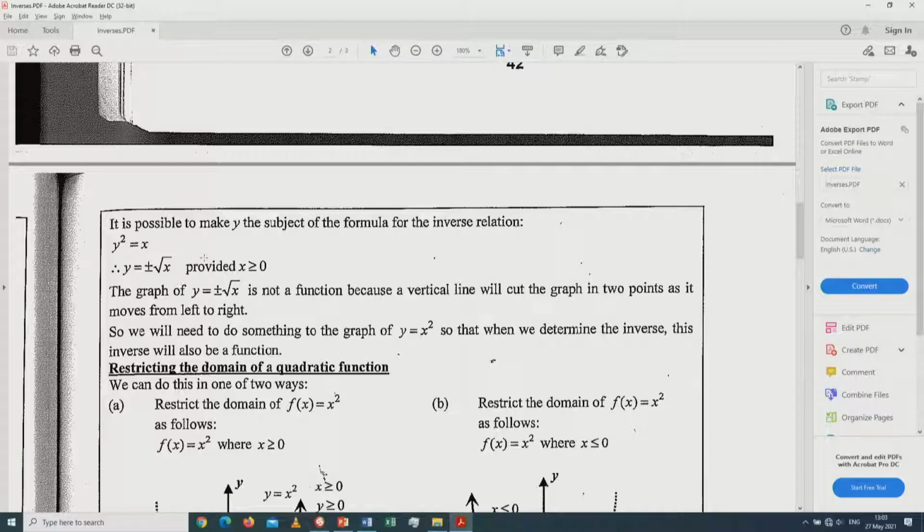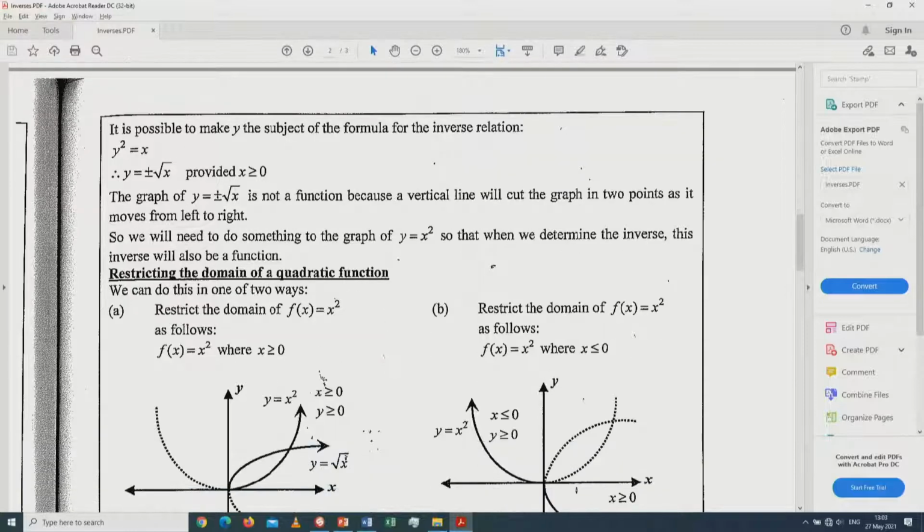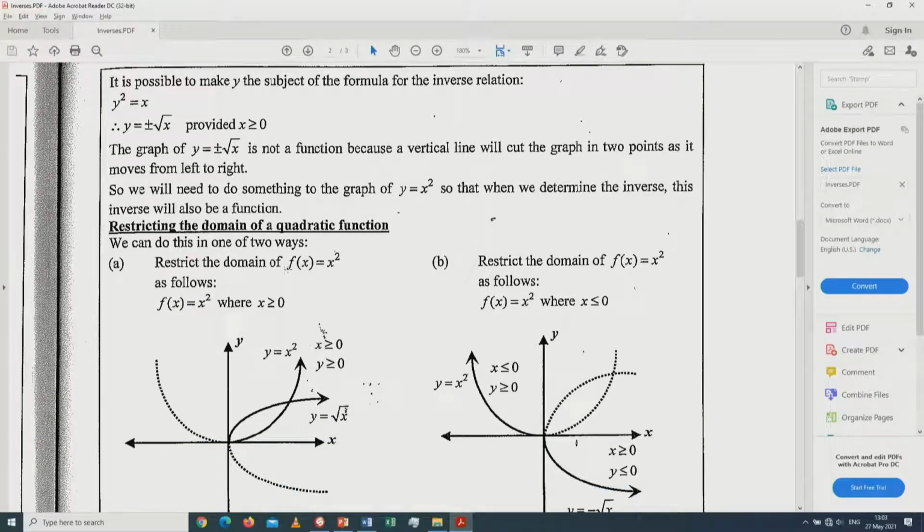Now, let's see how we can restrict the domain of the function so that the inverse becomes a function. In terms of a parabola, there are two ways. You see, y is equal to f of x equals x squared. It faces upwards, but now we restrict to say x must be greater than 0.